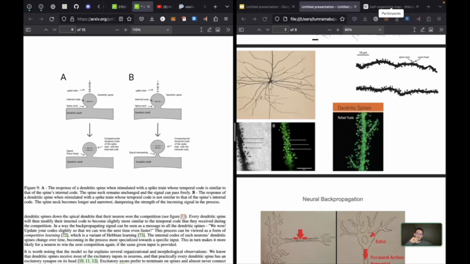My suggestion was that maybe neuron A connects to neuron B on 20 different spines, and each of those spines is looking for a particular delay. And so if you get the right sequence of delays, all those 20 spines fire.